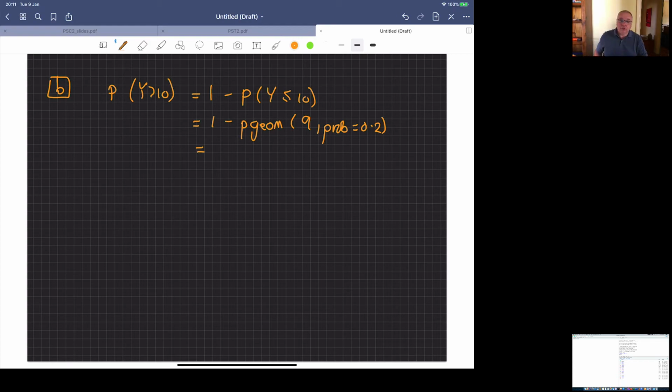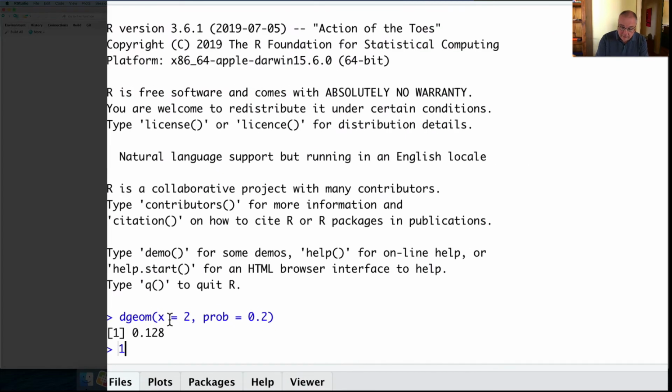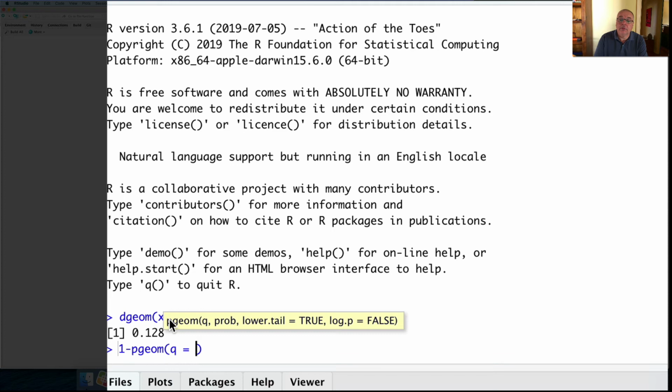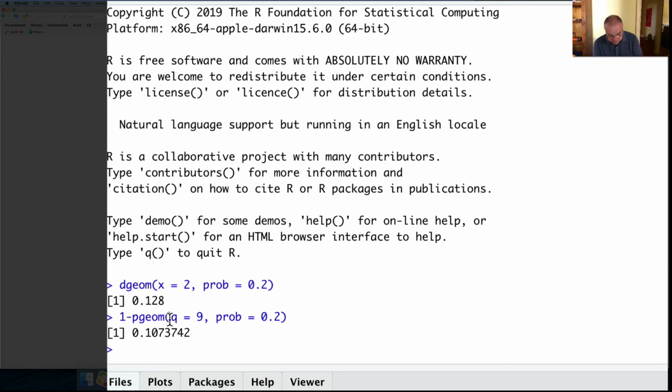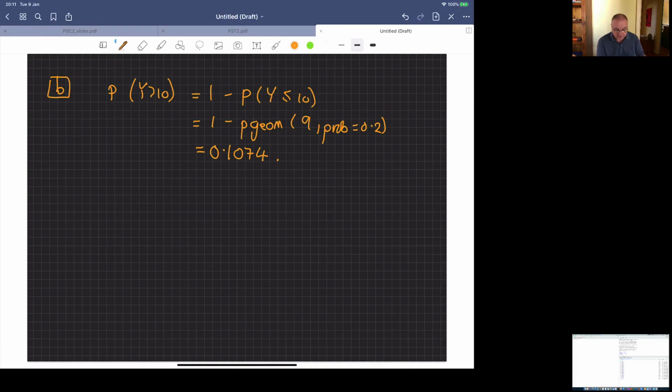And so let's go to R. We've got 1 minus pgeom. This time q is 9. Probability is 0.2. So we've got 0.1074 because I've rounded that to 4 decimal places.